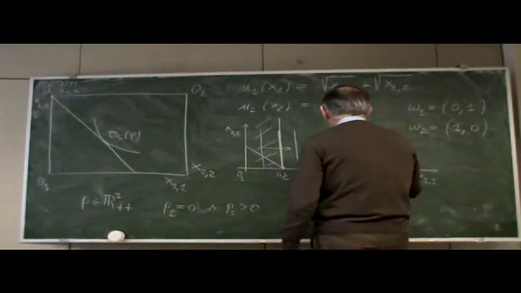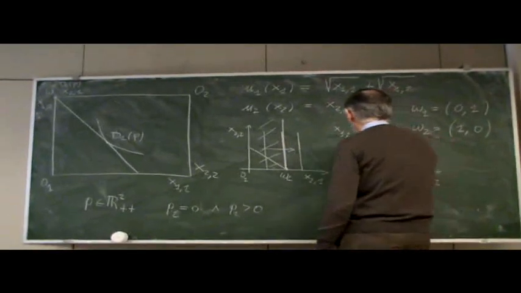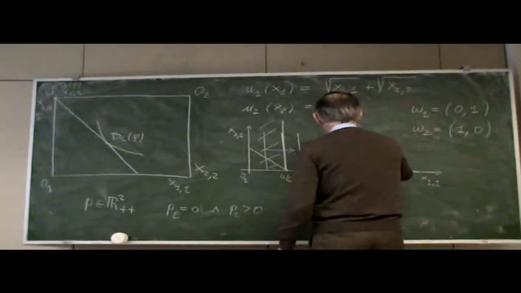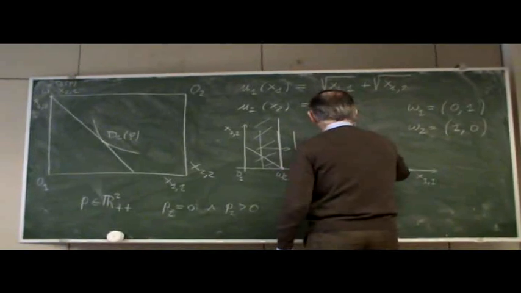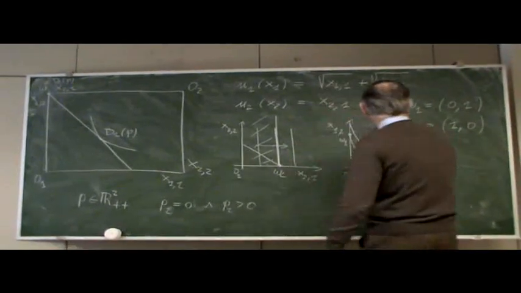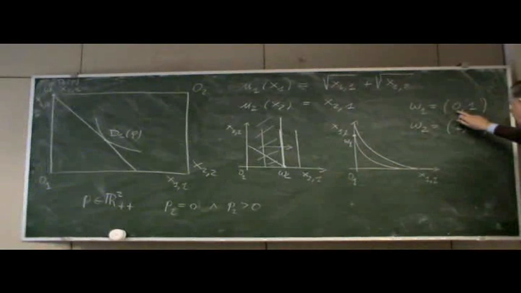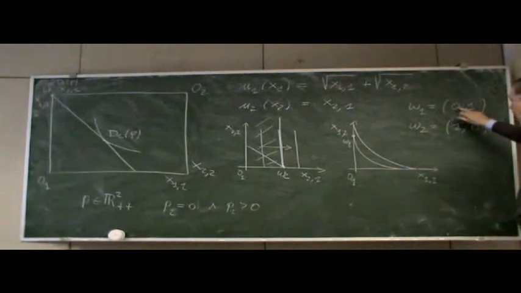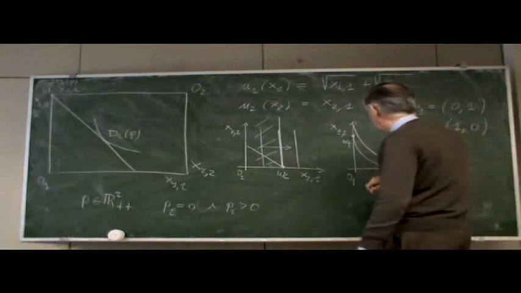But consider now the situation of subject 1. In this point there is his initial endowment, omega 1. Remember, omega 1 does not contain any quantity of good 1, but 1 unit of good 2. So it is here.